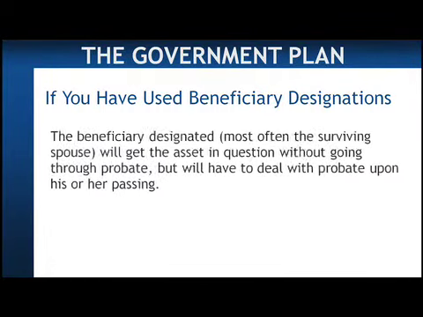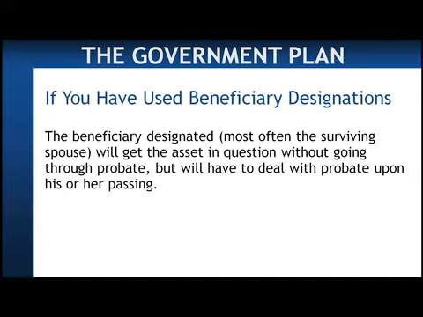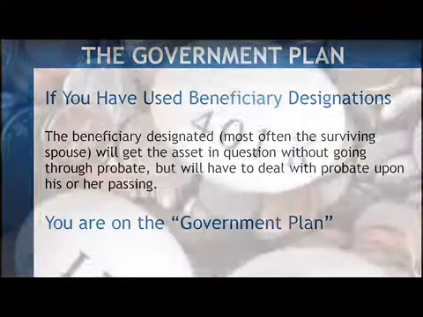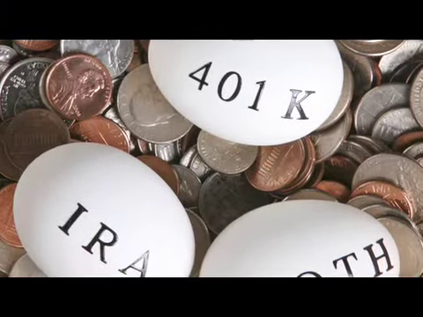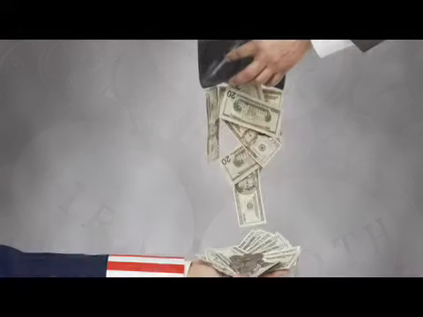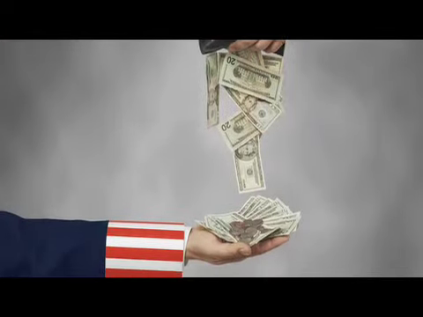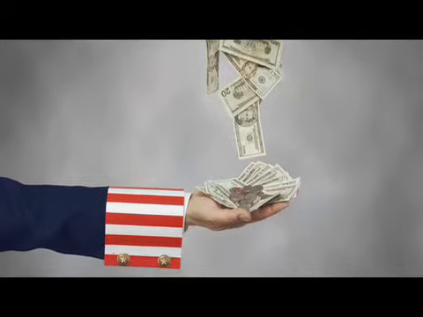The beneficiary designated, most often the surviving spouse, will get the asset in question without going through probate, but will have to deal with probate upon his or her passing. This fact is compounded by several other issues. For example, there being no asset protection and the possibility of unnecessary taxation.